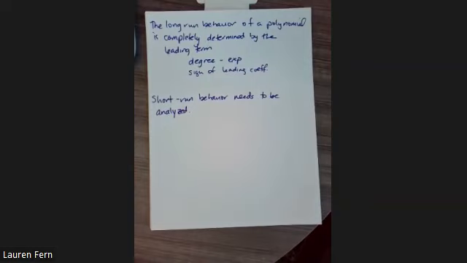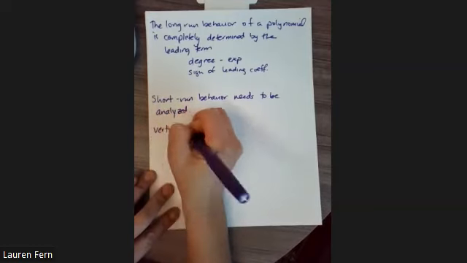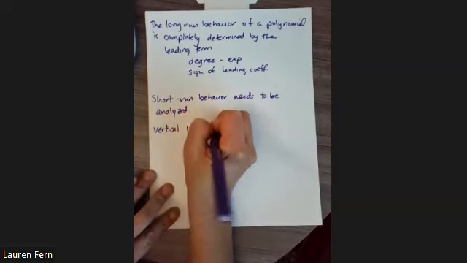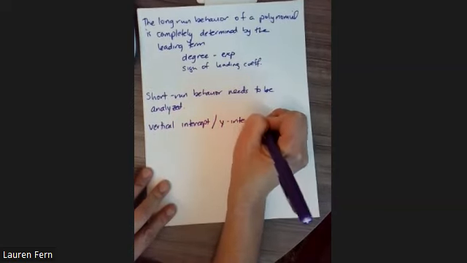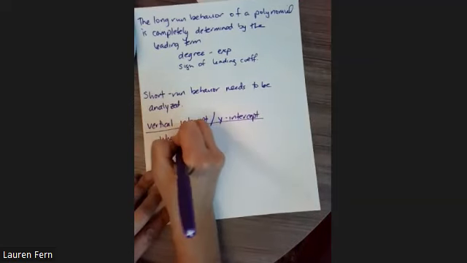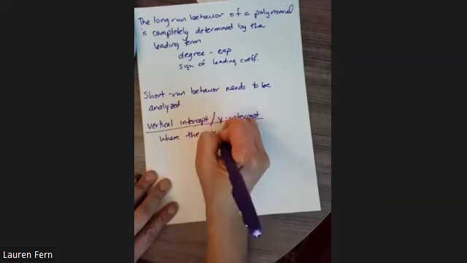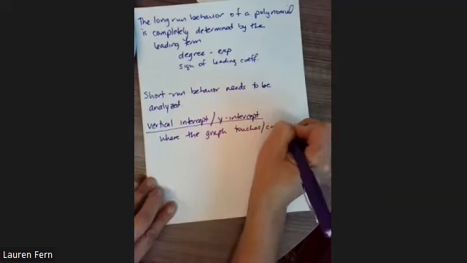Now, in order to do that, we're going to come back and talk about some terms that we've used before, and we're going to apply them to this context. So one term that we have is called our vertical intercept or our y-intercept. And recall that's where, if we're looking at a picture, the graph touches or crosses our y-axis.